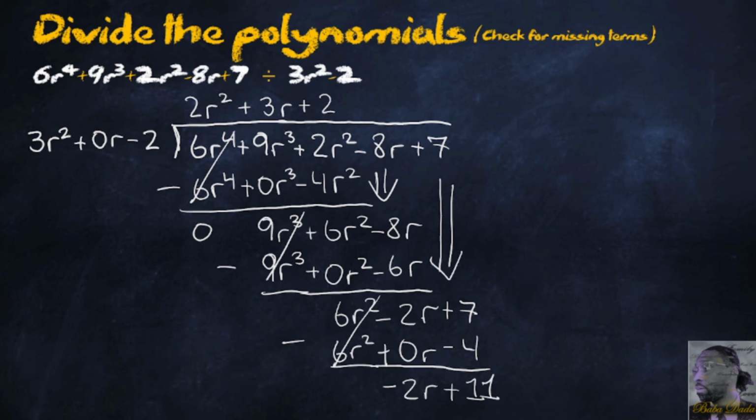Okay, so our complete answer is 2r squared plus 3r plus 2, with a remainder of negative 2r plus 11 over 3r squared minus 2. And that's how you divide polynomials with missing terms.